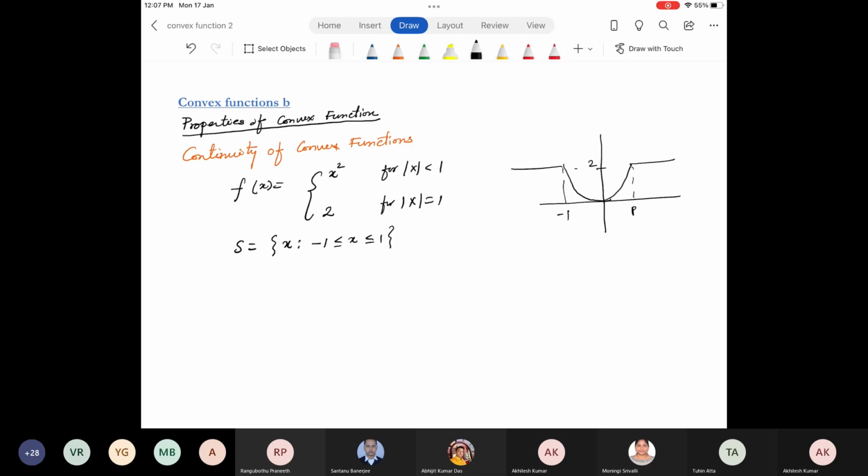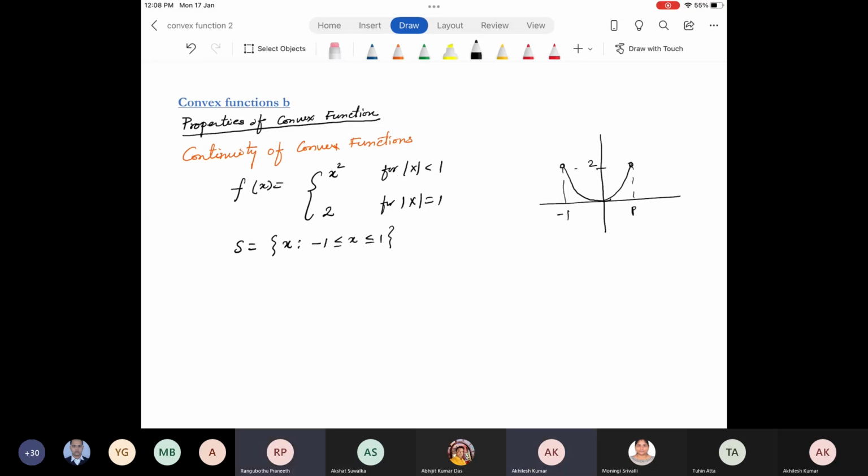So there will be no straight line, because it is defined from -1 to 1 only. Good. So instead of this, it will be something like this. Now, is this function convex?